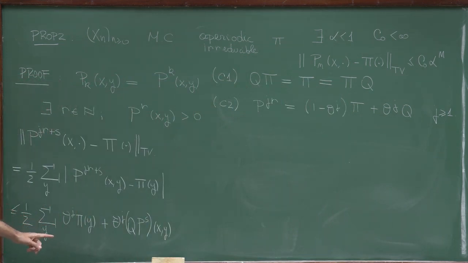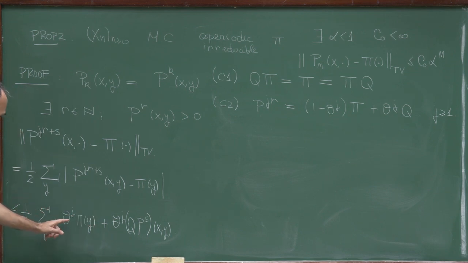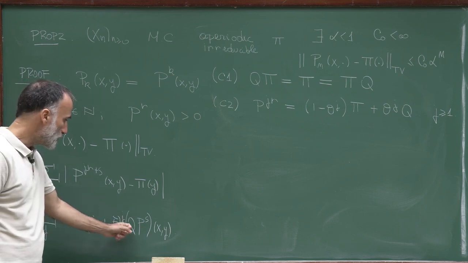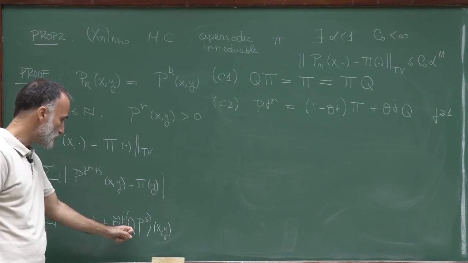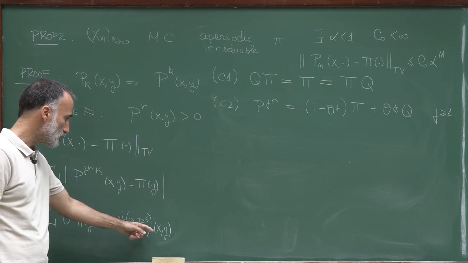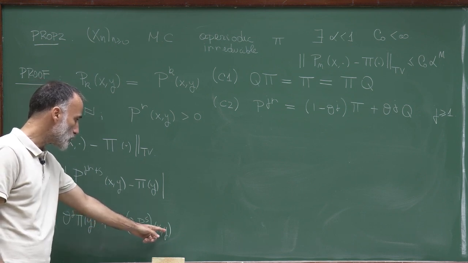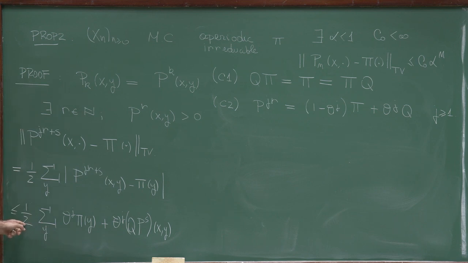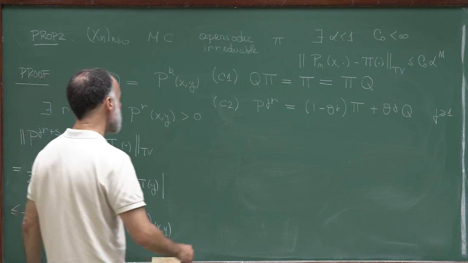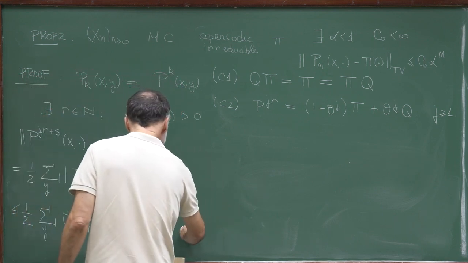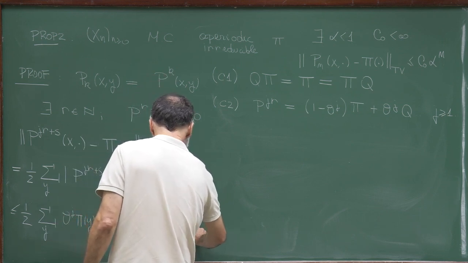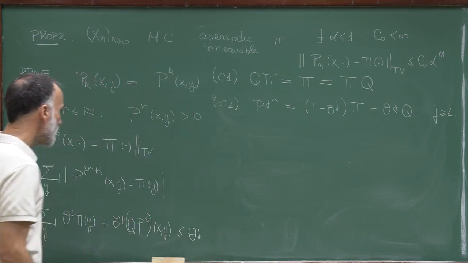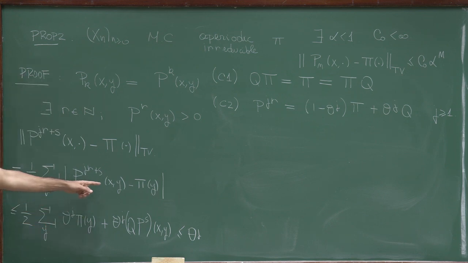But now, if I sum over y of pi(y), this is 1, so I get theta^j. And q is a Markov matrix, a transition matrix, and P^s is a transition matrix, so if I sum over all y here also, I get 1. And since I have a 1/2 here, what I obtain is that this is less or equal than theta to the power j. And this bound does not depend on the initial point.